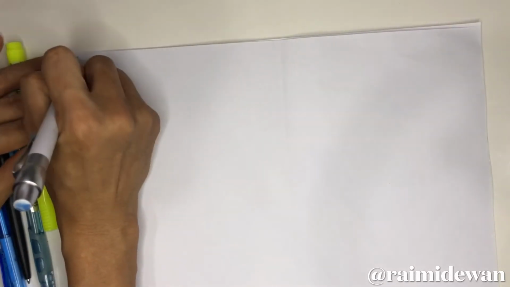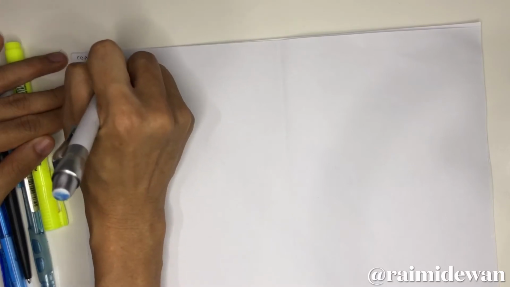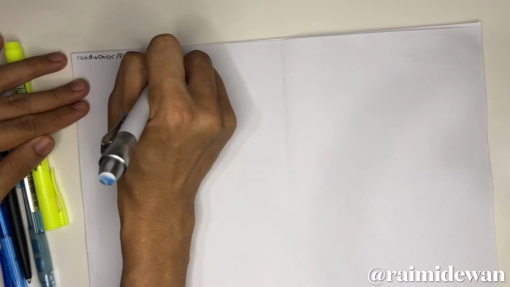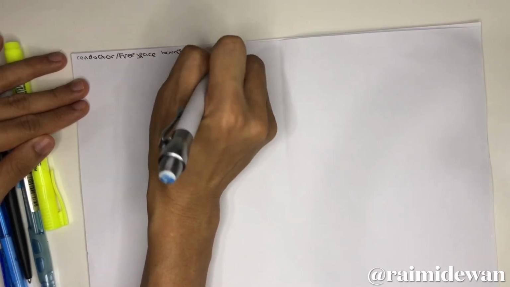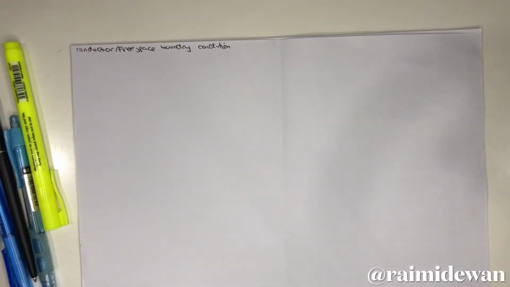Now we will go to the next part, which is the conductor free space boundary condition, okay. Let's say we have a boundary.